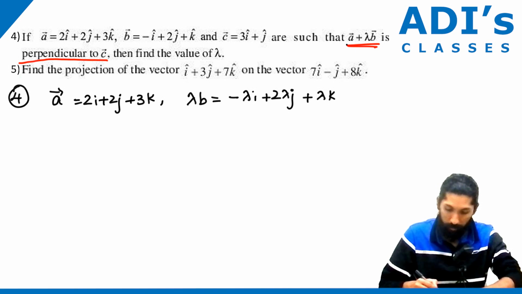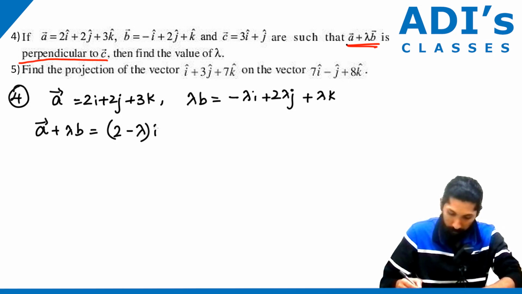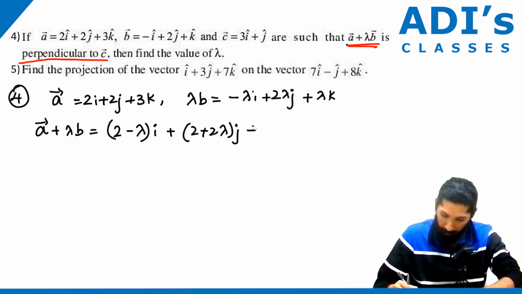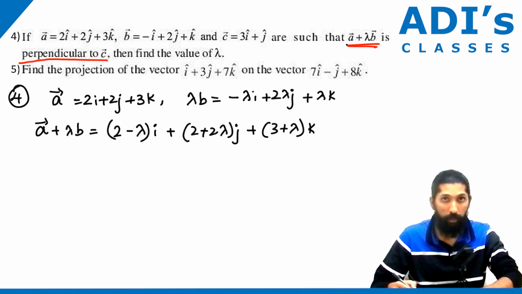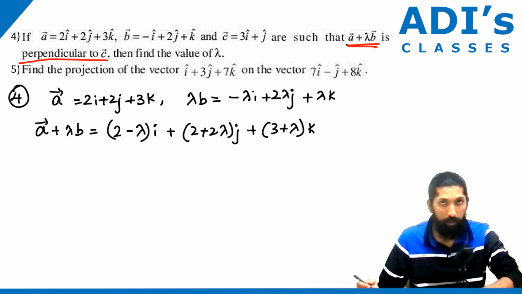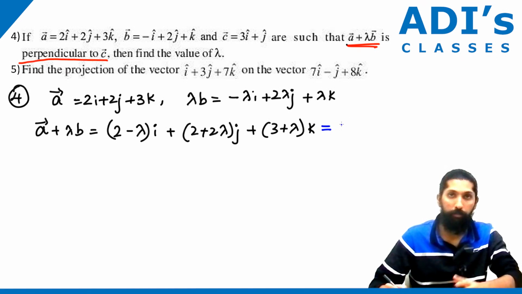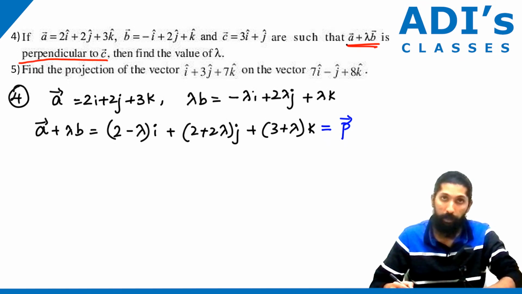Now this value a plus lambda b becomes 2 minus lambda into i, next plus 2 plus 2 lambda into j plus 3 plus lambda into k. Now this value is perpendicular to C. So let's call this vector p.